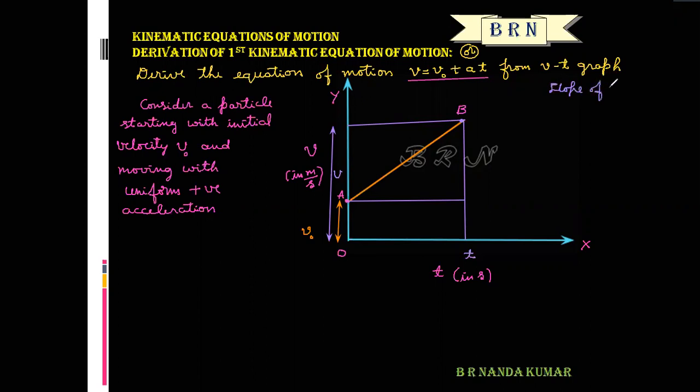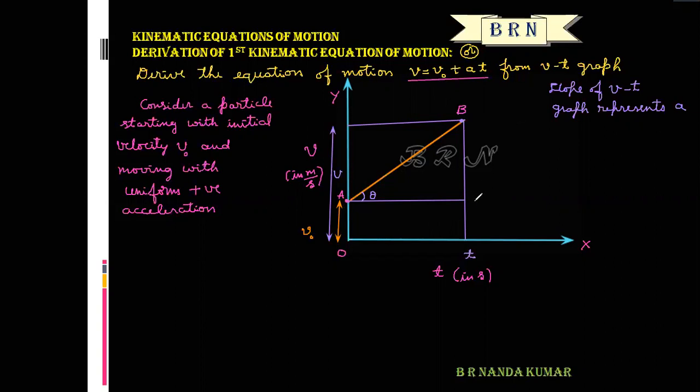Slope of velocity time graph represents acceleration. Okay, first here let us consider this angle as theta. So what is the meaning of slope? Slope is the ratio of vertical distance divided by horizontal distance between 2 points on a straight line.